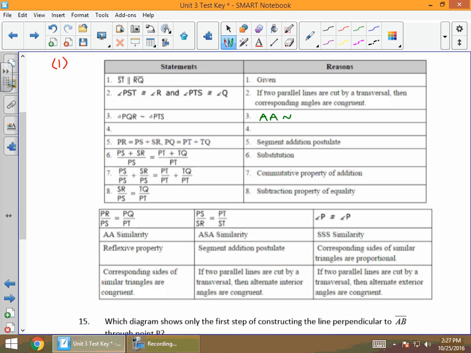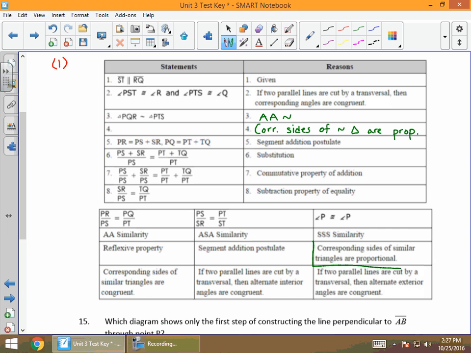Line number 4, once you have 2 angles congruent, then you have what's called the corresponding sides of similar triangles are proportional. So yes, I have shortened that up, but if you're looking for it, it's right down here.